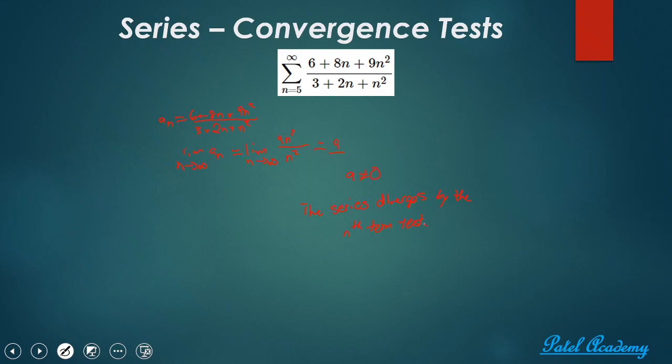And by the way, sorry for all of the pop-ups that are coming up, that's just PowerPoint. So that would be the statement. The series diverges by the nth term test, and if you wanted to provide further justification, you can say because the limit is not equal to 0, suggesting divergence within the series. So that is the nth term test.